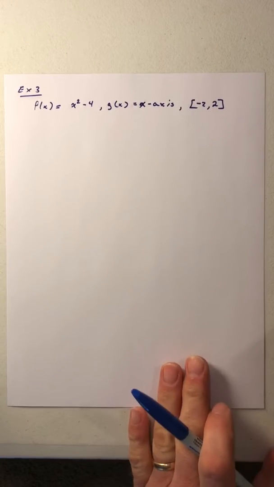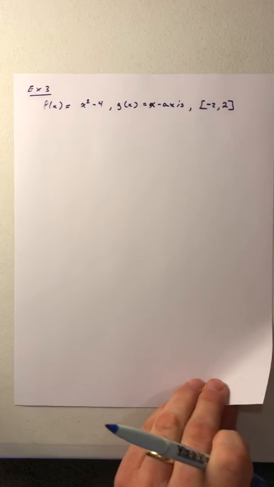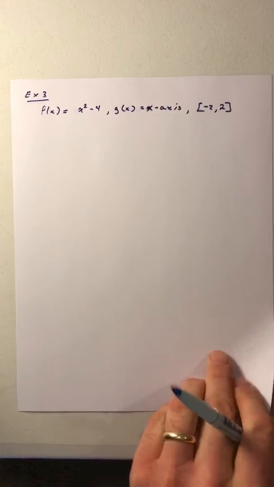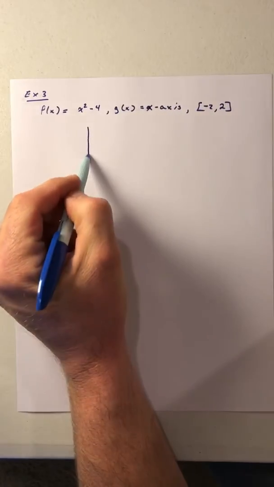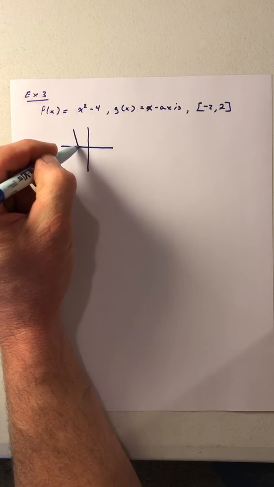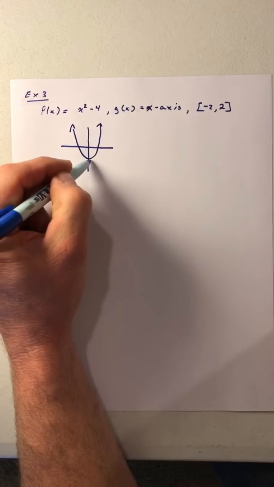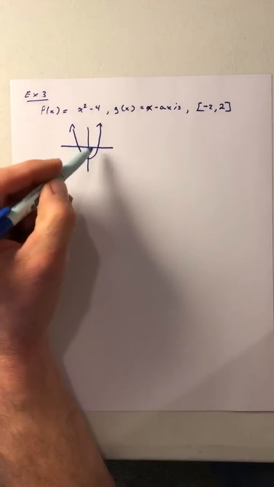All right, our last example for this section, we're going to give you f of x equals x squared minus 4, and g of x equals the x-axis. So if I graph this, x squared minus 4 is going to go through negative 2 and 2, and it's going to go on the x-axis, and negative 4 here on the y-axis.